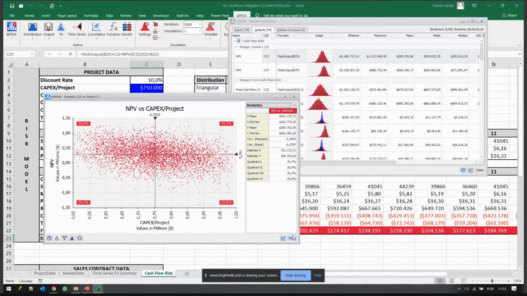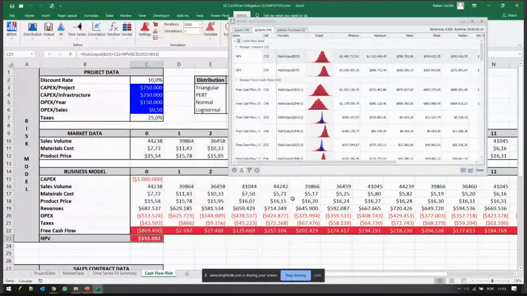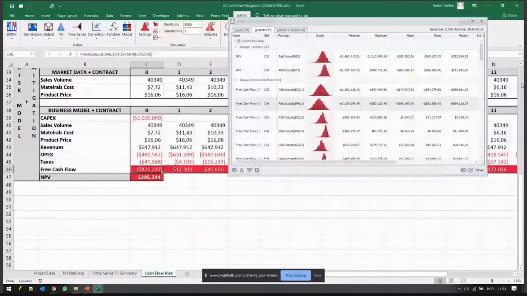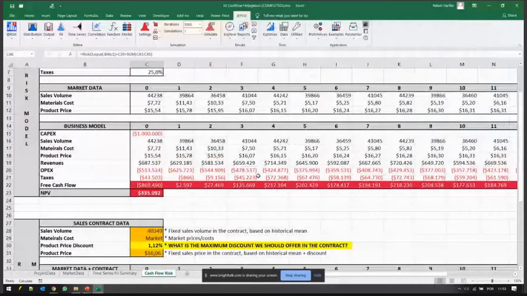You might try to understand how the different variables affect each other by using scatter plots, box plots, trend graphs. You might even try to compare different distributions. So in this case, let me just clear this out. I might try to compare, for example, the cash flow on year number 3 or year number 4 when I'm supposed to be making a lot of money.